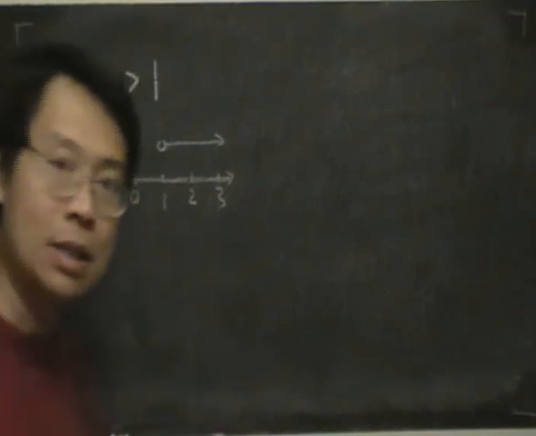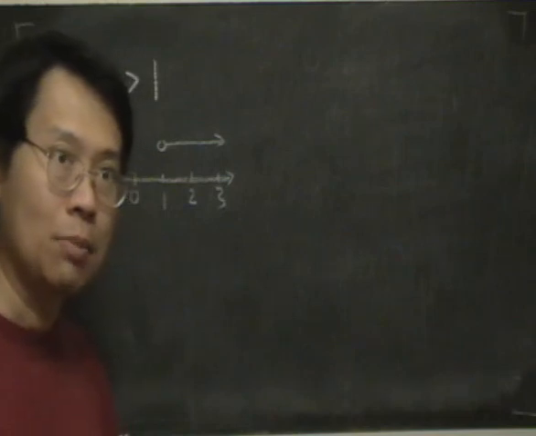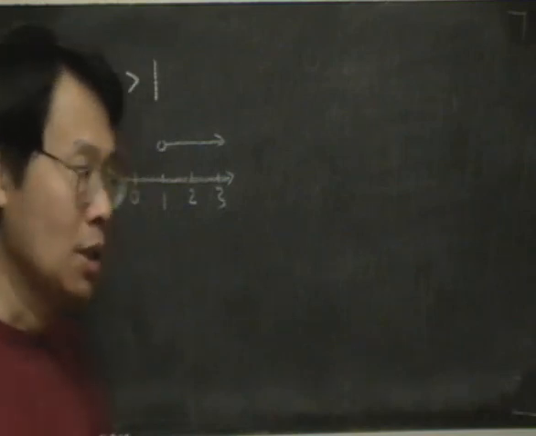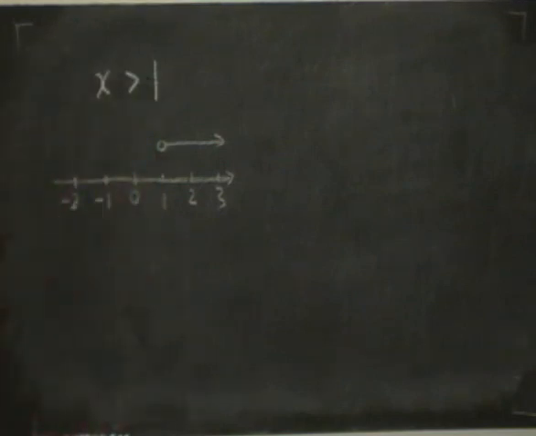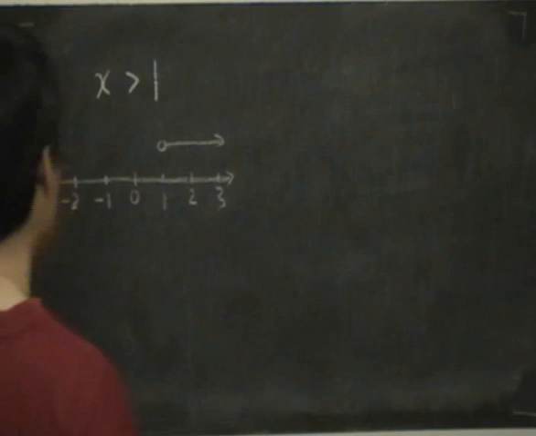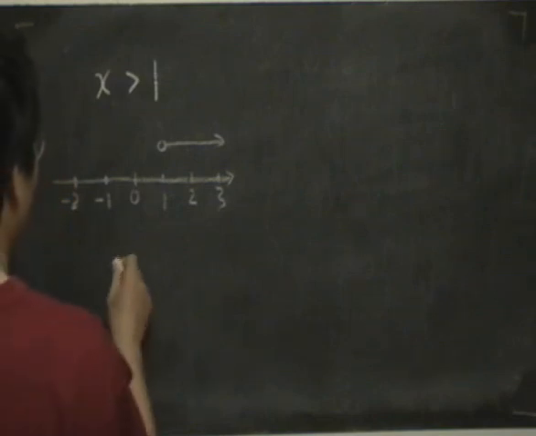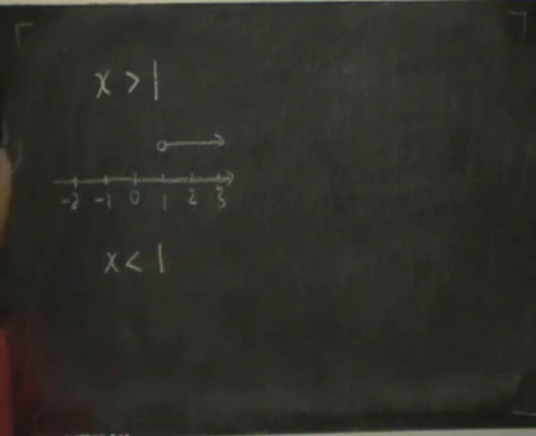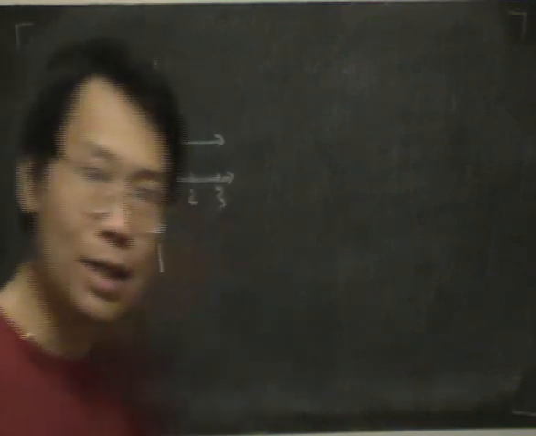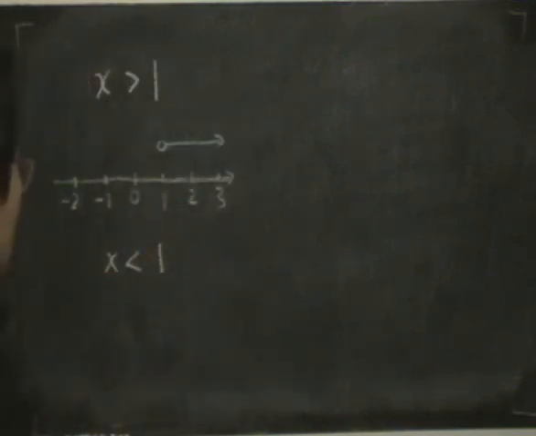I'm going to look at a few different inequalities just to see what they look like on the number line. Let me start by doing something quite simple. Let's look at x is less than 1. Okay, so I have x greater than 1, now I have x is less than 1.